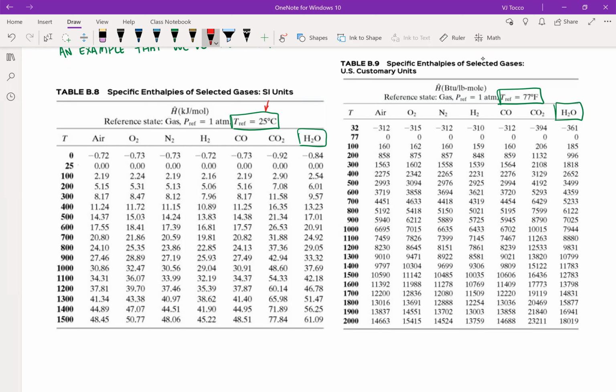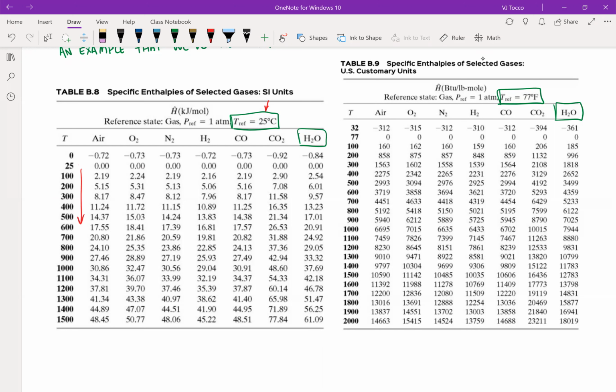The other thing to notice about these tables is that enthalpy is increasing as you increase in temperature, which makes sense. A compound will have more energy or enthalpy as the temperature increases. And the other thing to notice is that I don't have many data points here. I have a gap of 100 degrees C for the most part, except for 25C.